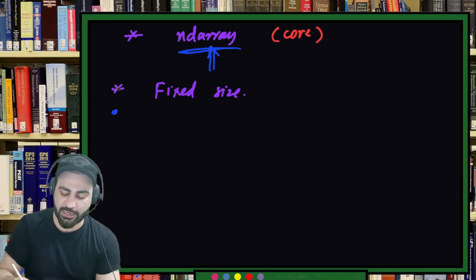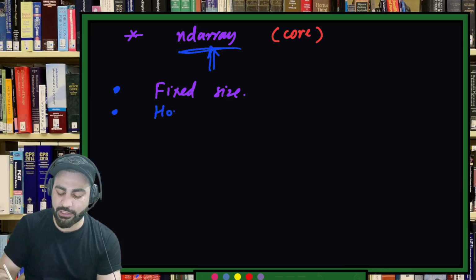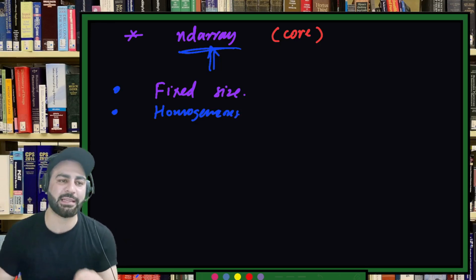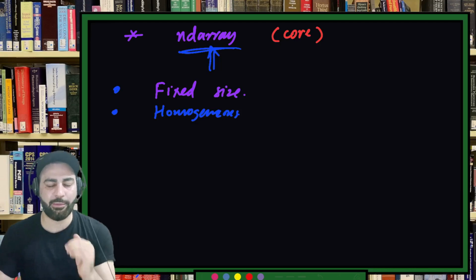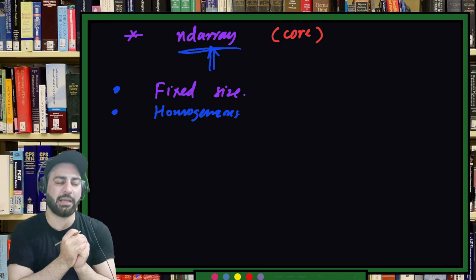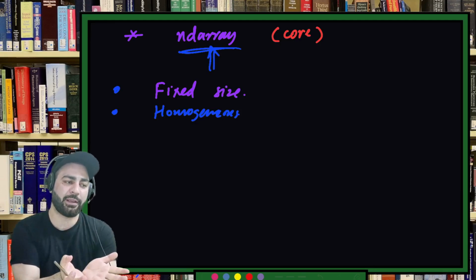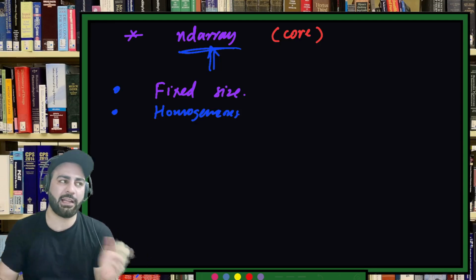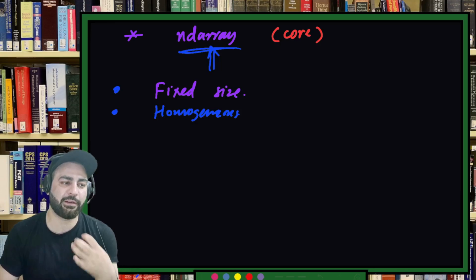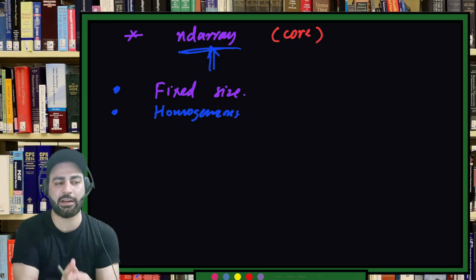And the second part is that the elements are homogeneous. What is the meaning of homogeneous? Each of the elements has the same data type. All the elements within a NumPy array must be of the same data type, because it has to allocate the memory. If they were of different data types, like in a list, each of the elements would occupy different spaces and different amounts of memory.